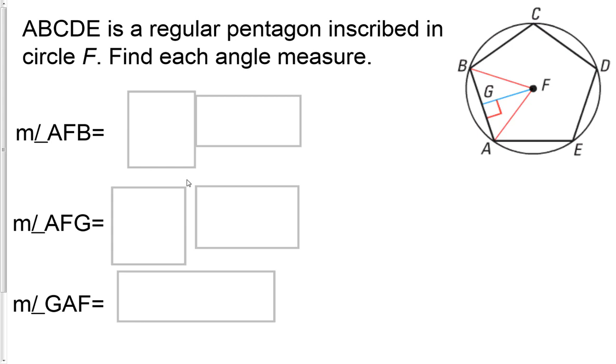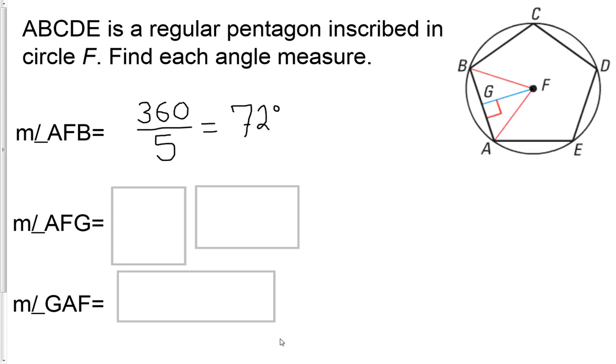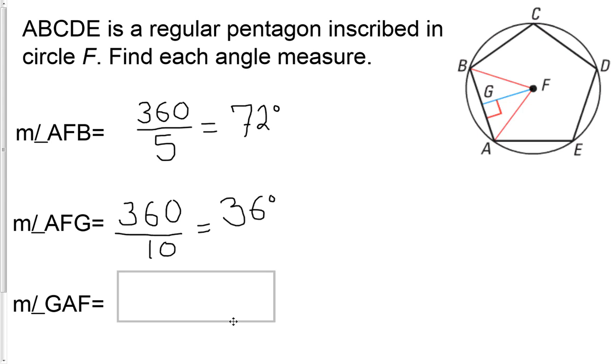Given ABCDE is a regular pentagon inscribed in circle F, find each angle measure. So AFB is what? We've got 1, 2, 3, 4, 5 sides, and so 360 divided by 5 gives us 72 degrees. Find the measure of angle AFG. Well, this is exactly half of AFB, so we will have 36, but we would do 360 divided by 2 times 5, or 10, giving us 36.